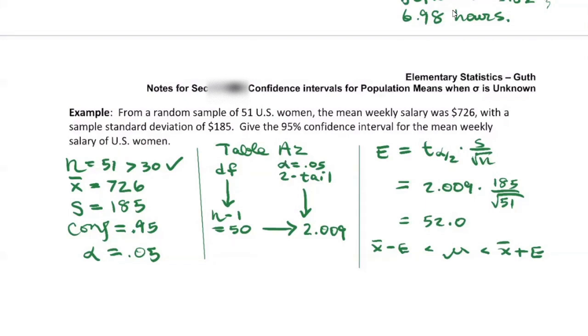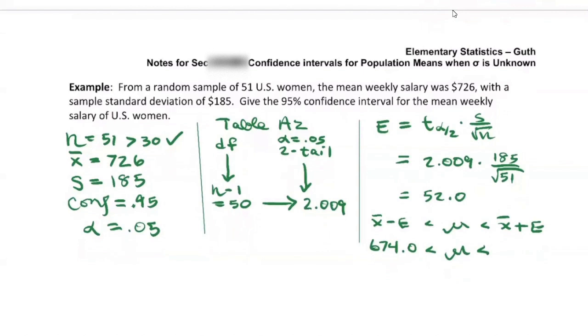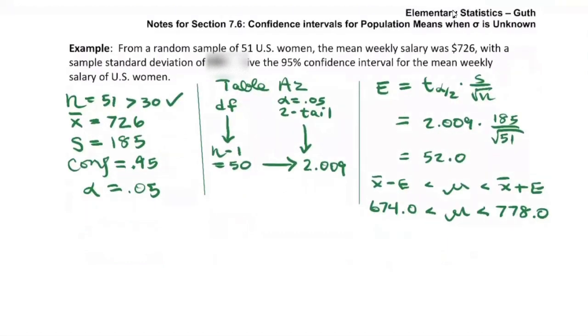So that's 674, I'm going to say 674.0. Less than mu, less than, and we add them. It's 778, 778.0. I'll just refer to dollars now.